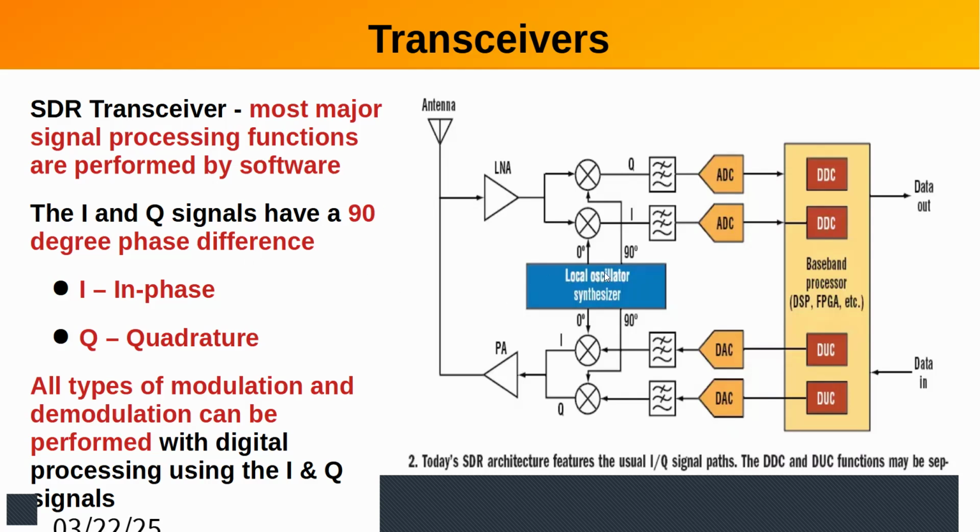And this is kind of a typical circuit. They use a common local oscillator or synthesizer. In order to generate I and Q, you bring your signal in and then you mix it in two different mixers that are fed the carrier signal in phase and out of phase, and that gives you your I and Q outputs.